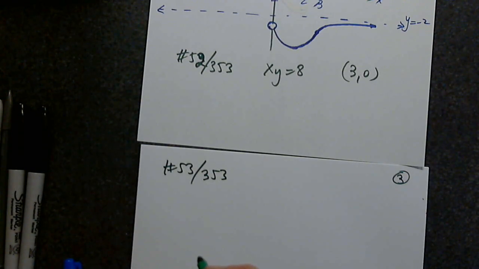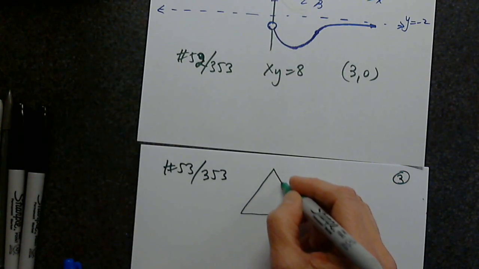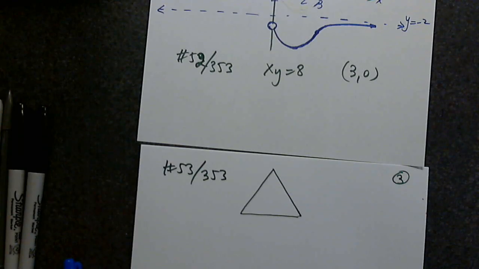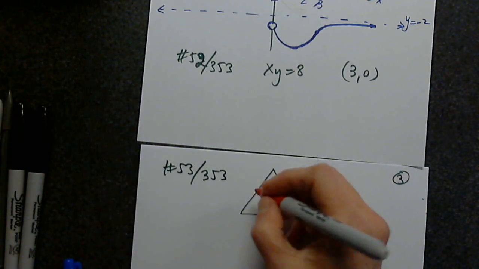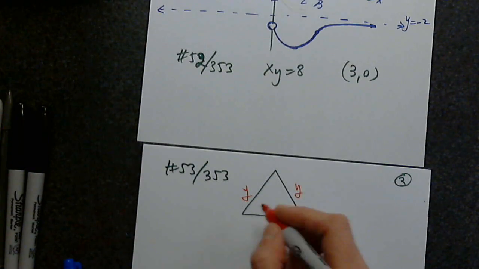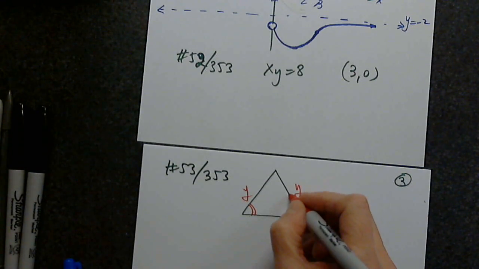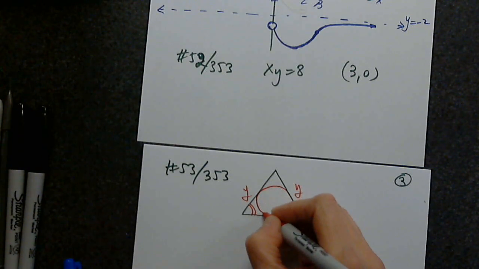So this is how I understand it. Let's say this is y and this is y. These two angles are equal because it's an isosceles, not equilateral, but isosceles. And I think that the circle is here.